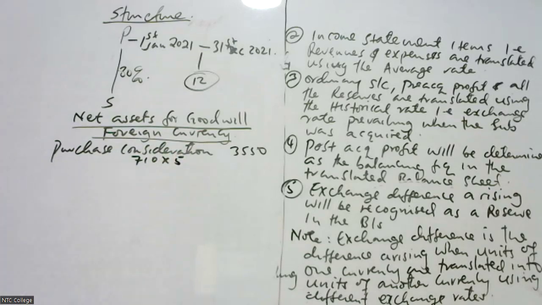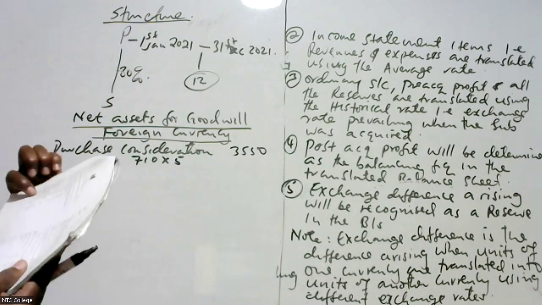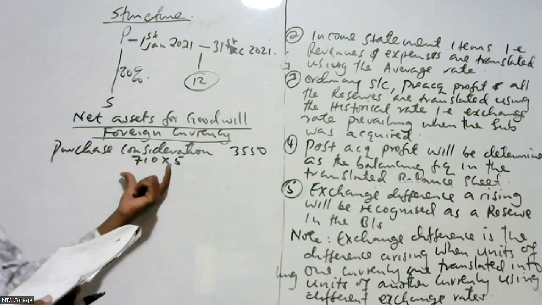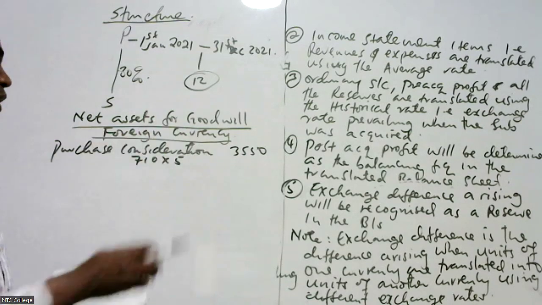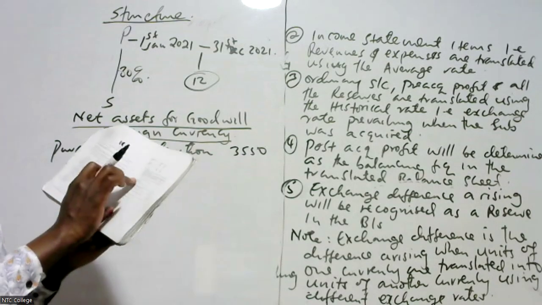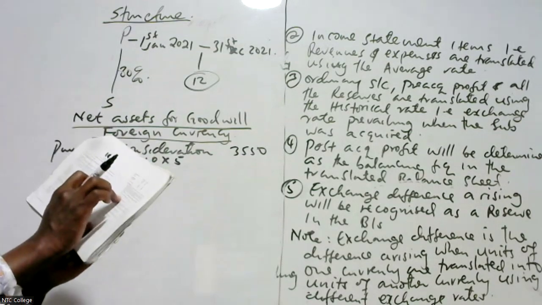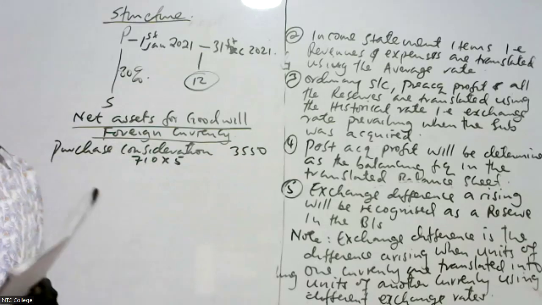Kindly, let's move together. Investment in S is 710 in Kenya shillings. You translate that 710 into FR, of which you take 710 divided by the rate on 1st January 2021 when we acquired the subsidiary, which is 5.